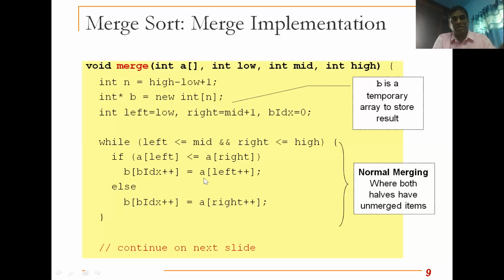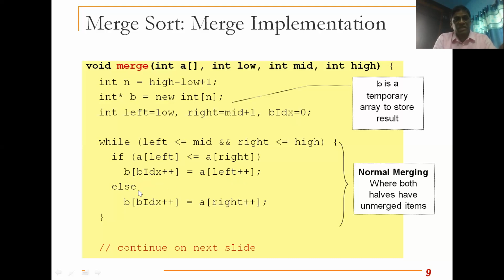So we copy that A of left into the array B. And in parallel I'm performing B index plus plus, because B of 0 gets an element. So you increment this to 1 because the next element will be copied at 1. And because the A of left element is copied over here, I'm incrementing that left pointer, left plus plus, also. So it moves to the next element in the first half.